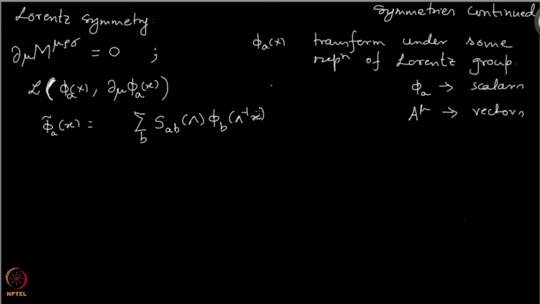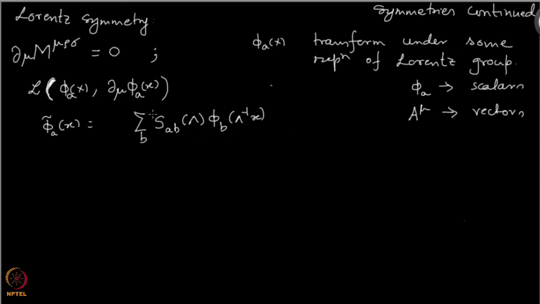This part is not so important. All we are saying is, if I take the fields which are located at Λ^{-1}x, then under Lorentz transformation they give you fields which are located at x. This part S is telling you how the different components mix under the Lorentz transformation, for example, how A_0, A_1, A_2 and A_3 mix.